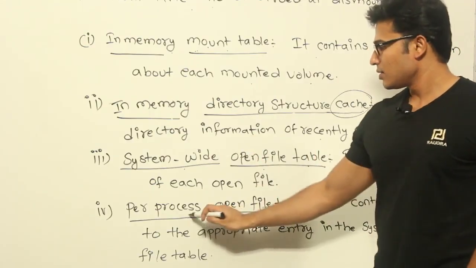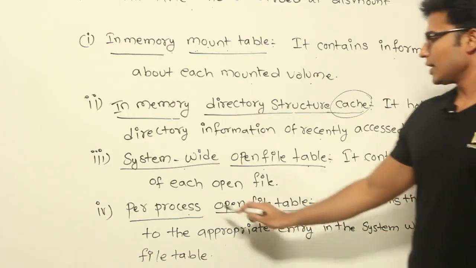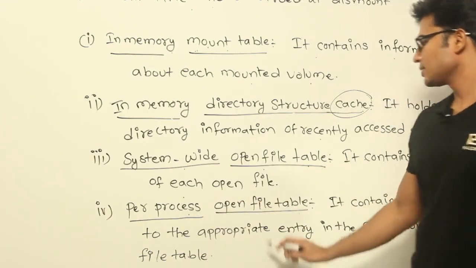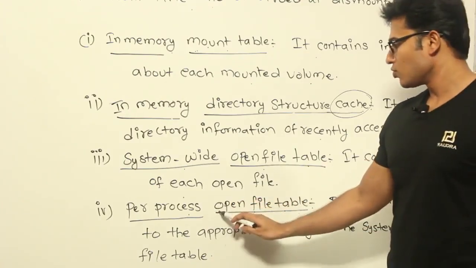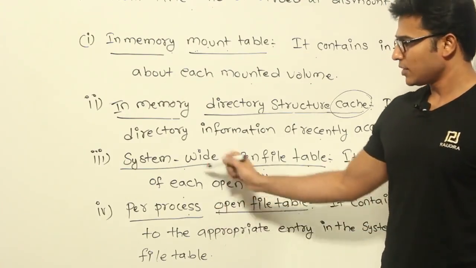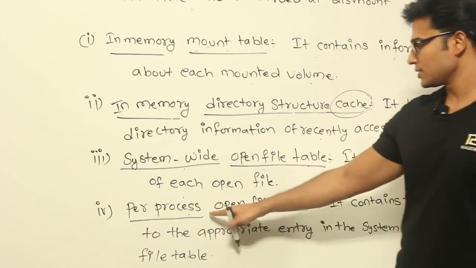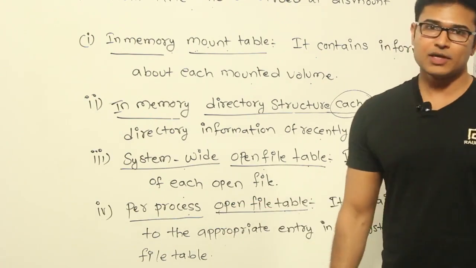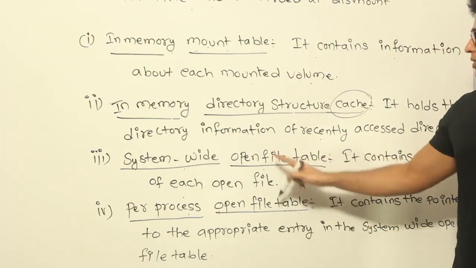And the next one is the per-process open file table. I told you that every process is going to maintain something called an open file table. Every process is going to open some files, and the entire information about the files that particular process has opened is going to be present in this one. So for every process there is going to be one open file table. Now if you observe, we already have the system-wide open file table.